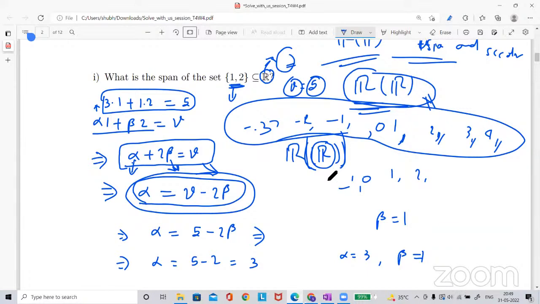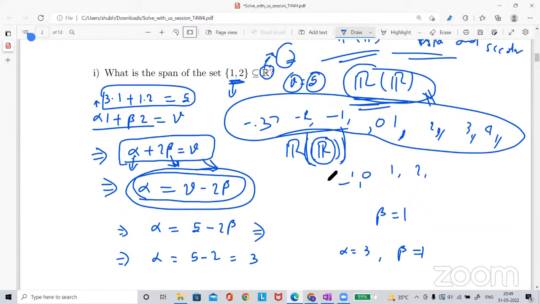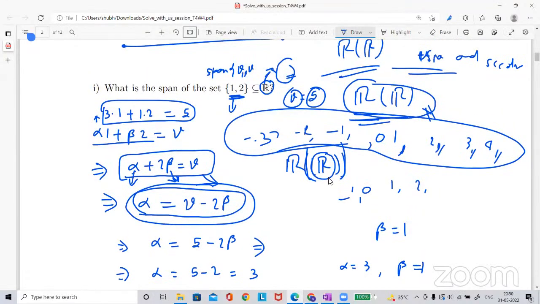So the word span, what exactly is the span? Is it the value of alpha, beta, or the vector, or what? The definition is: the span of a set, assuming the set contains vectors. The span says all possible linear combinations of those vectors.